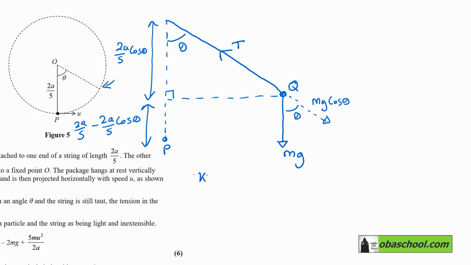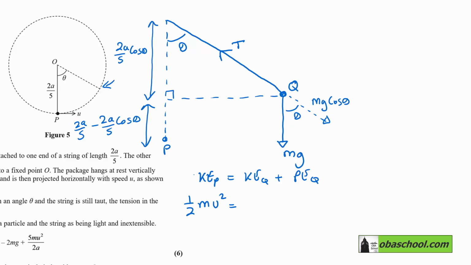The kinetic energy when we're at P, that's when it's projected with the speed of u, is going to be equal to the kinetic energy at Q plus the potential energy at Q. So this is a half mu squared.